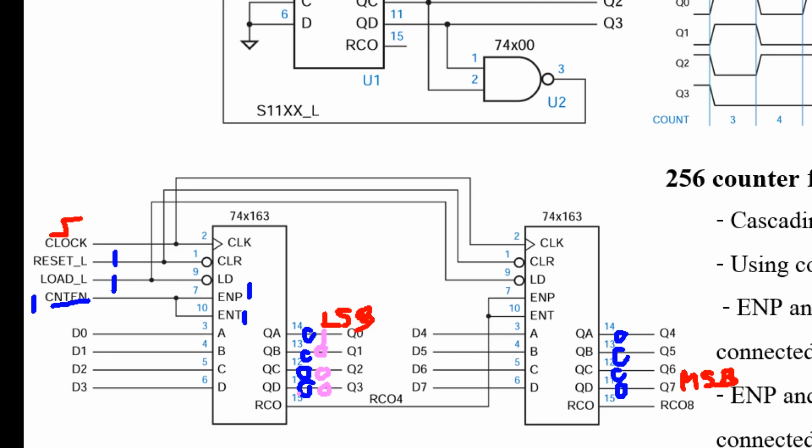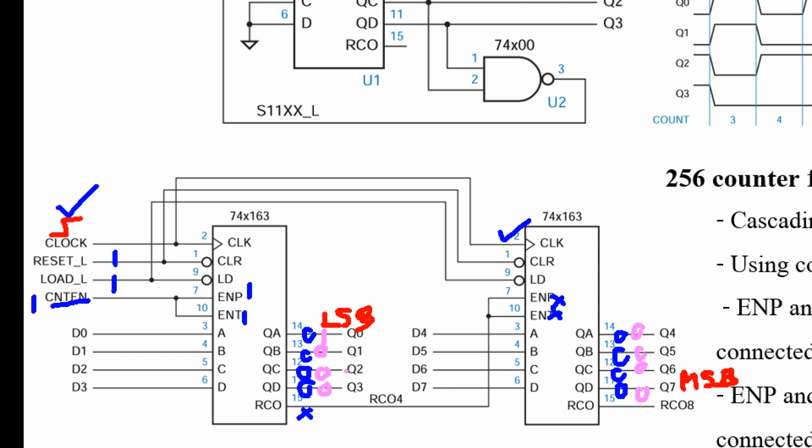And because the previous state is 0, 0, 0, 0, RCO is not active. RCO connects to enable PT, so enable PT is not active either. That means when the clock ticks, nothing changes for this IC. So this stays at the state of 0, 0, 0, 0.